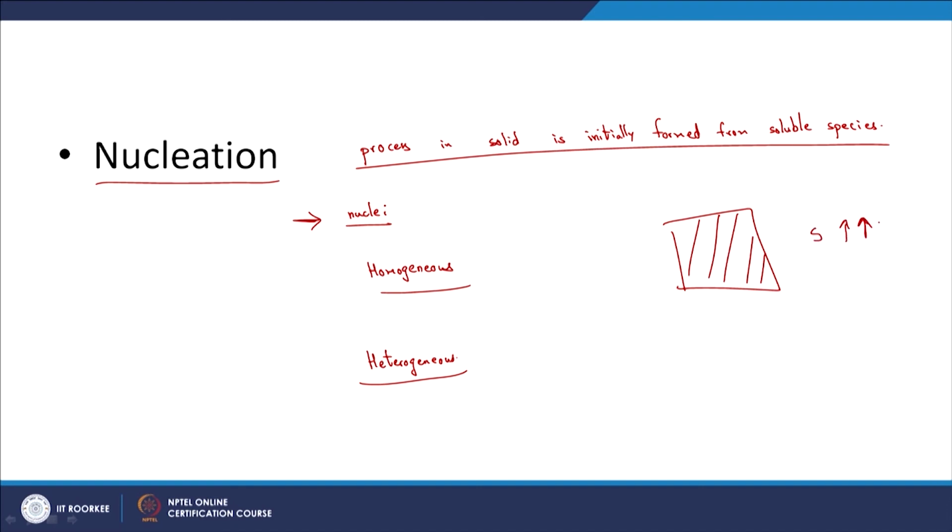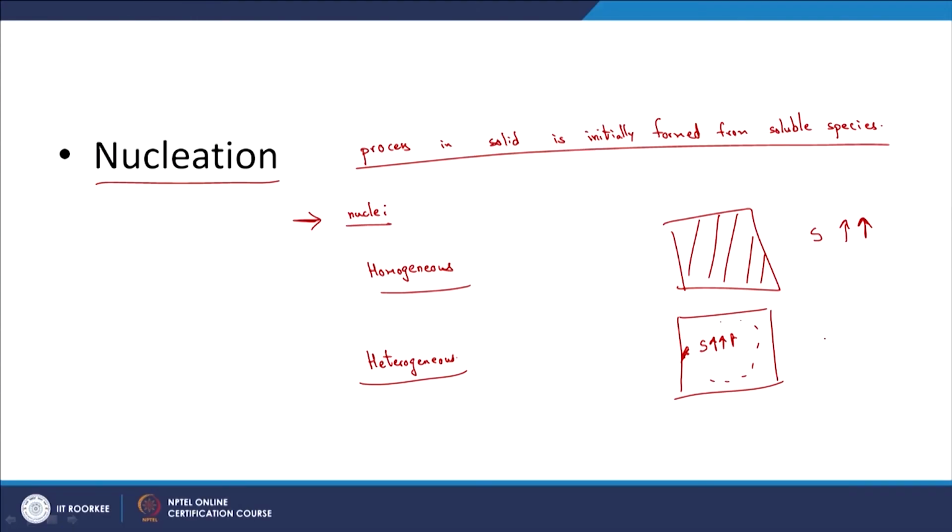But that's not always feasible. But let's say I have particular zones, let's say cracks or such, where the S is high. So the precipitation can start in this particular zone, where the saturation ratio is relatively high, but not in the bulk solution where the saturation ratio is still relatively low.